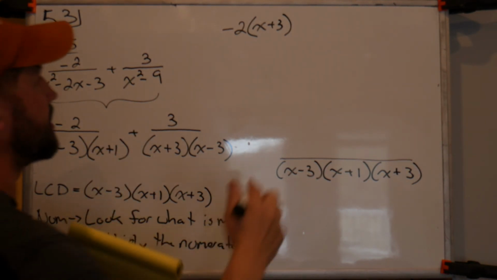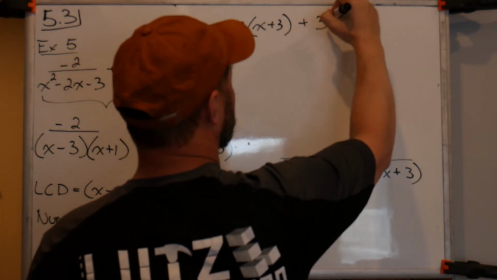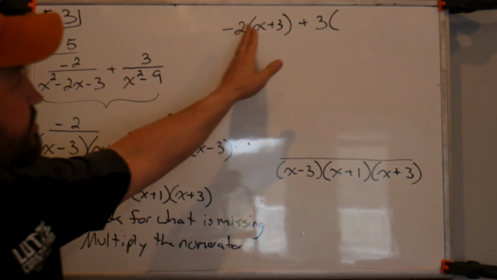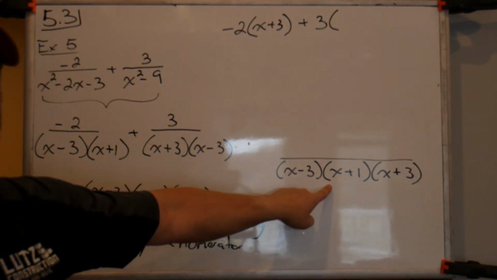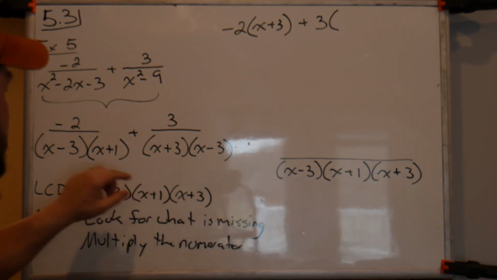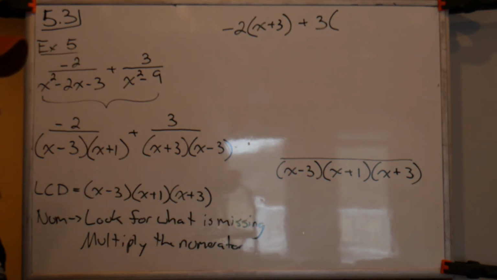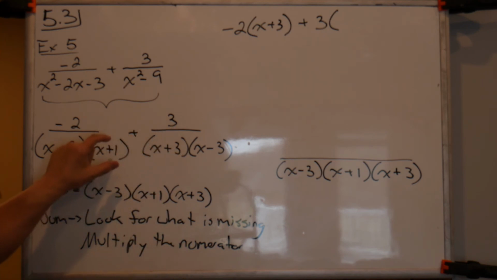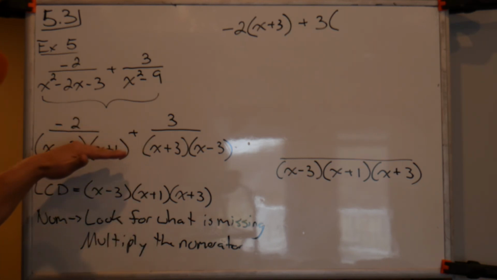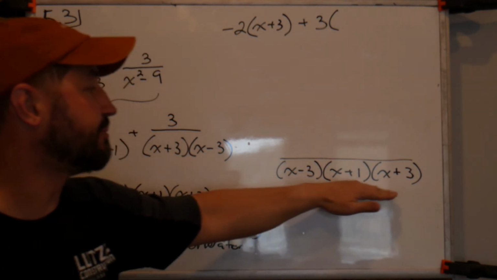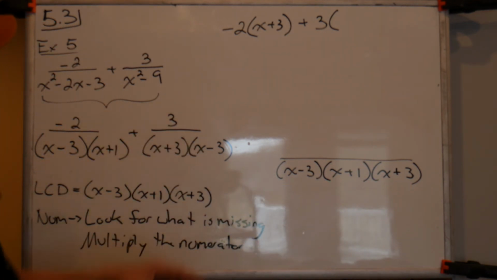Now I go to my next one, and I know that once I multiply the numerators, this is what I'll have on the bottom in my denominator, because I'm doing this like a fraction. That's why I'm not spending a ton of time on how to do this. In a fraction, when you're setting up your LCD and you're trying to make your fractions equivalent with the same denominator, you multiply both the denominator and the numerator by what's needed. I'm just taking that step out because I know that's going to be my denominator, and I'm going to add my numerators across.